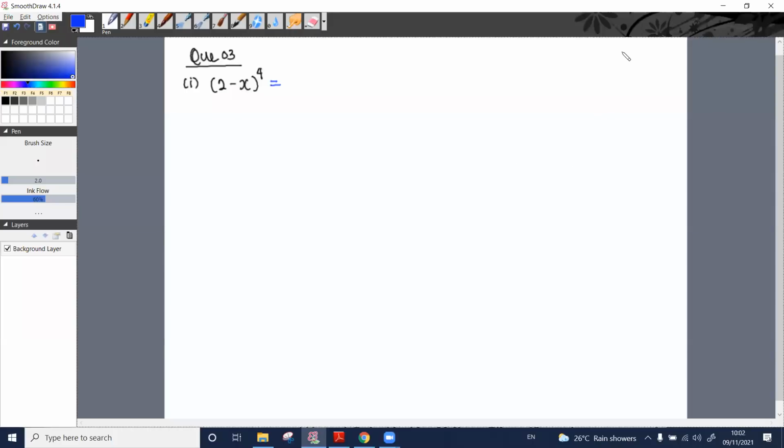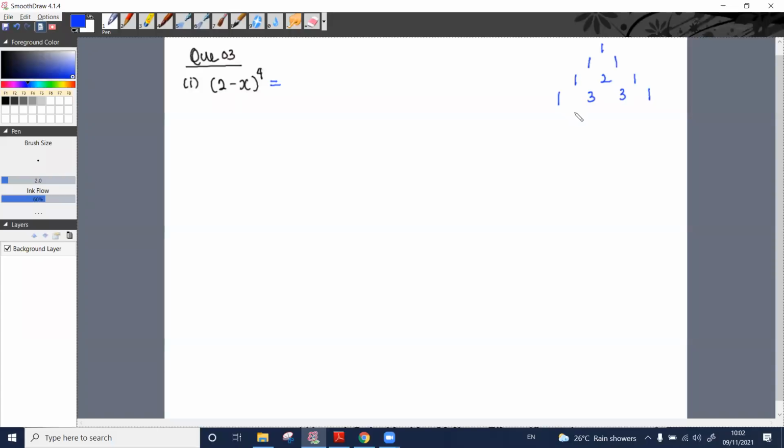For that, what do we need to make use of? The Pascal triangle. When n is equal to 0, this is the first line. The second line is when n is equal to 1. Third line when n is equal to 2. Fourth line when n is equal to 3.